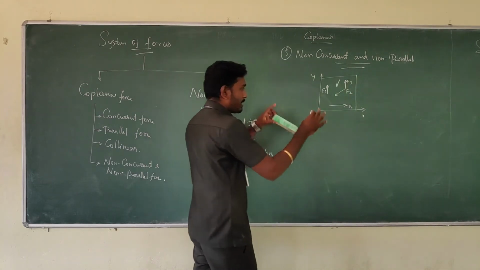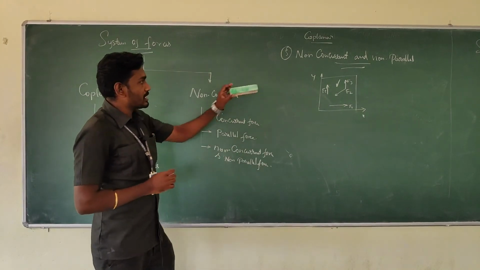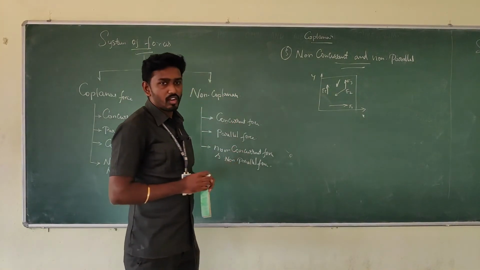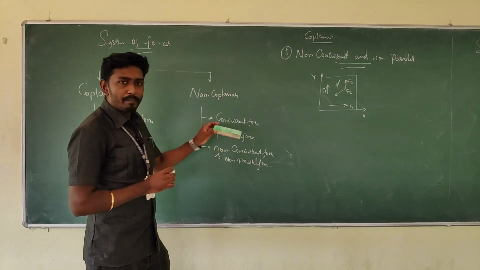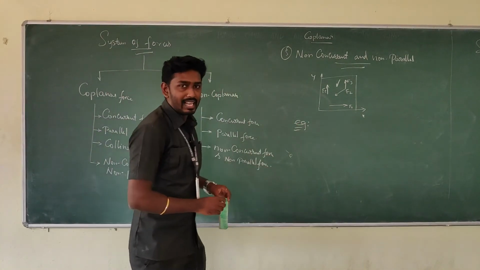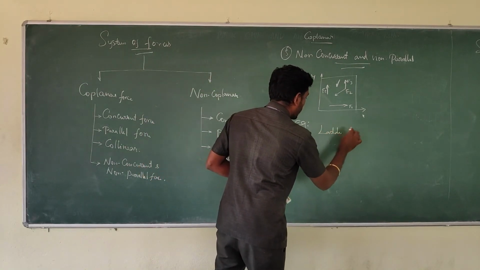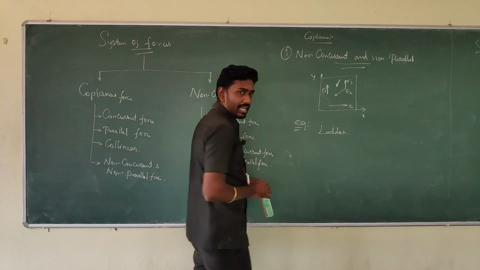In an irregular manner we have the force arrangements. Such things are non-concurrent or non-parallel forces. The best example for this particular topic is the ladder, forces acting on the ladder.